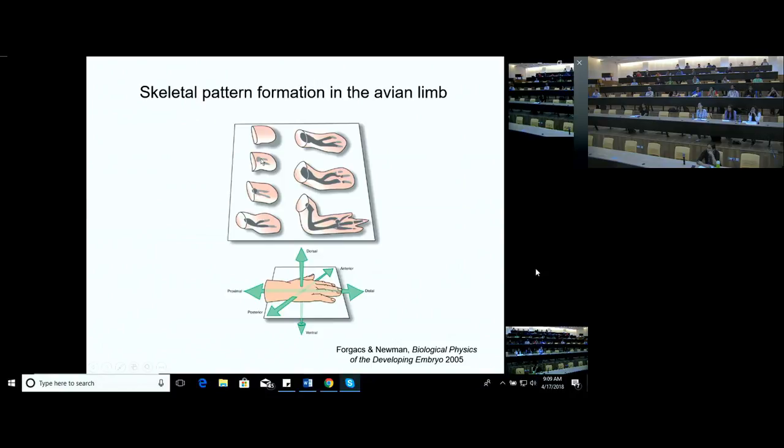And when the cartilage region is going to form, I'll go back and show you, when the cartilage first begins to form, it begins as this light gray trace here, and that is a condensation. These are condensations, meaning that the cells in this tissue move together and clump. And that is the first sign that cartilage will form there.